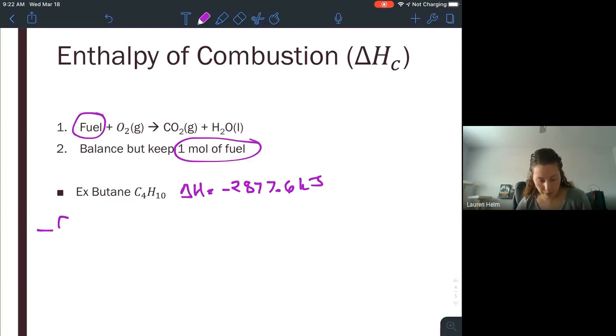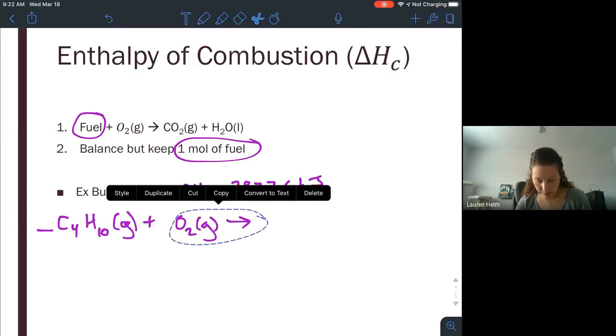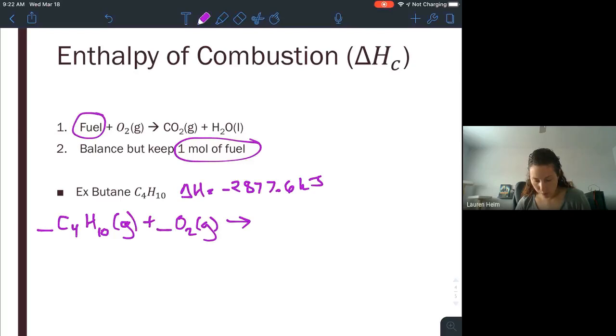Our fuel, butane, which is a gas, and oxygen gas will form, let's leave some room for balancing, will form carbon dioxide gas and water vapor.